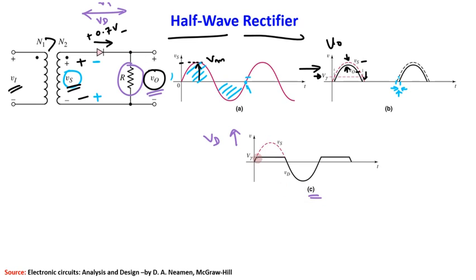So here you can see this pink color dashed line. This is basically the original signal. Now tell me here, until the diode or until this Vs reaches this V gamma, this diode is not conducting.